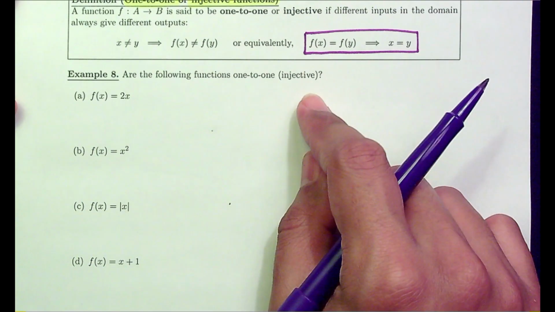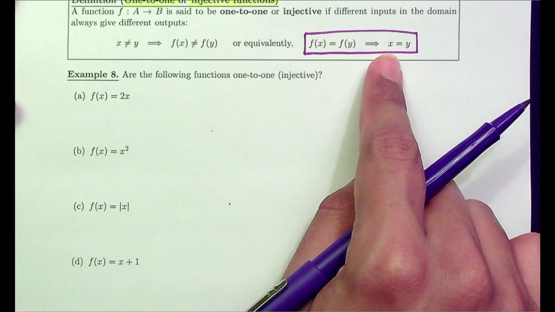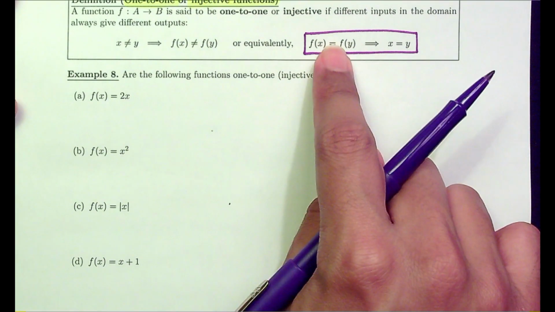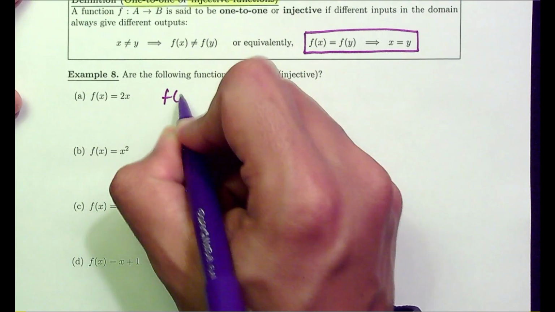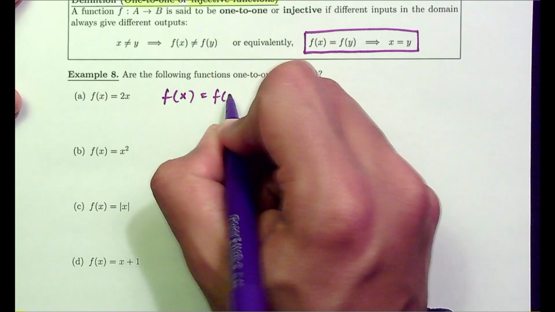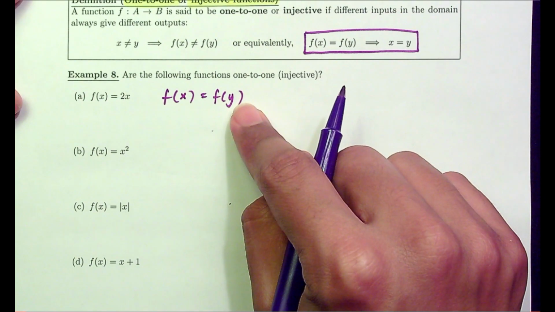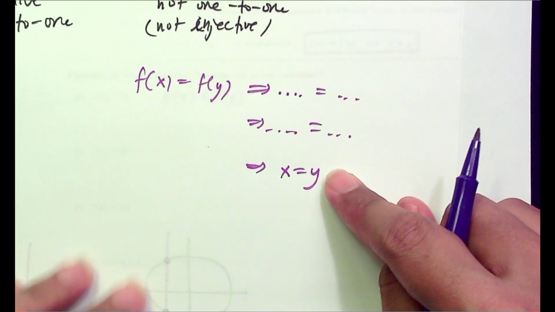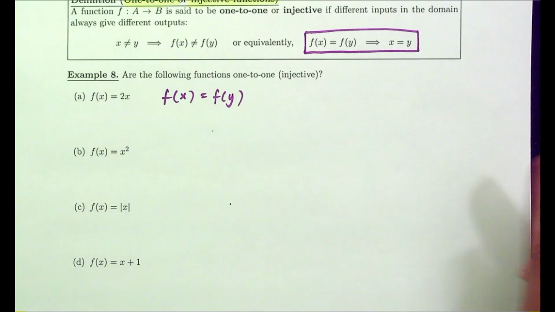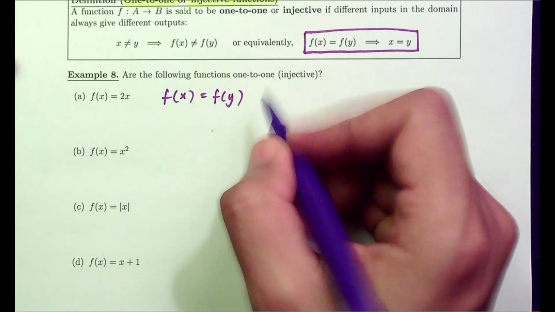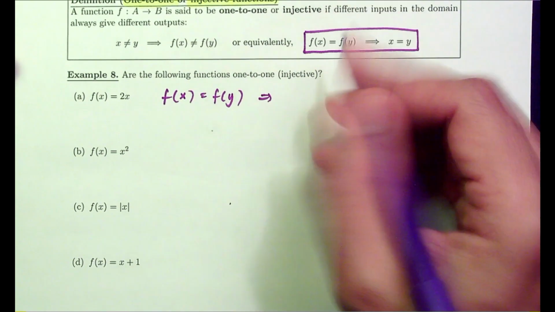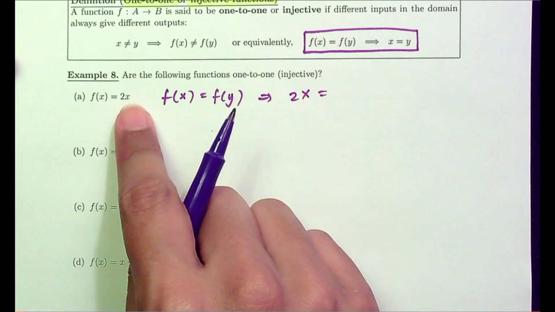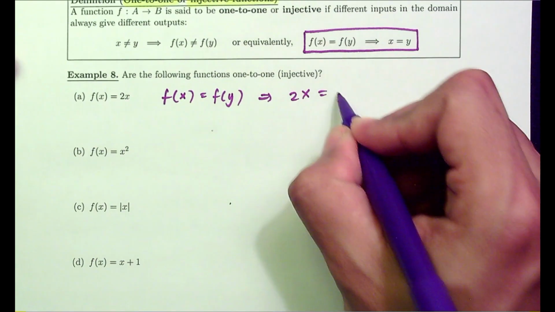And it is. Now, since we suspect it is injective, the easiest way to remove all doubt is to do this. Is it true that when we assume that f of x equals f of y, and I simplify as much as I can, I end up with x equals y? Let's see. f of x equals 2x, and if I plug in y, I get 2y.